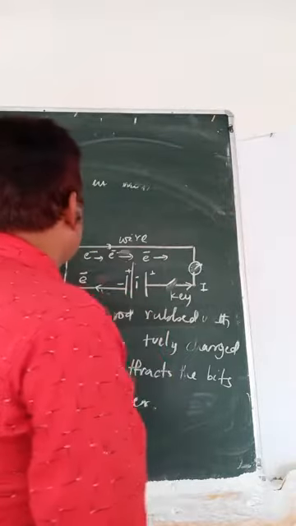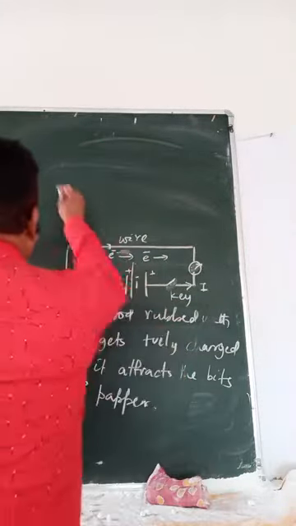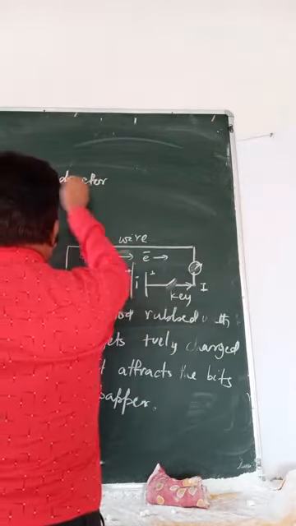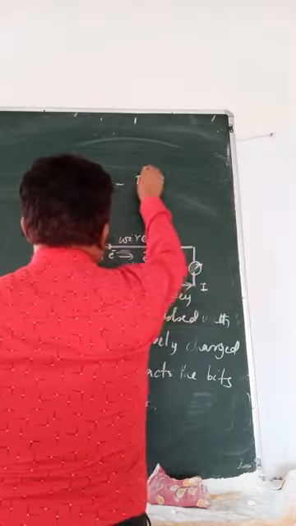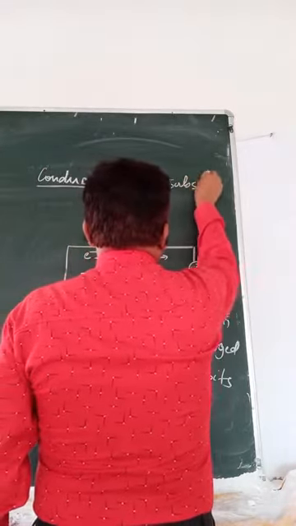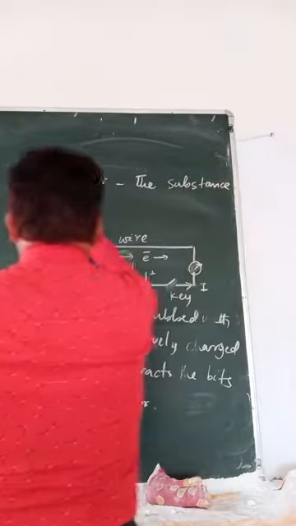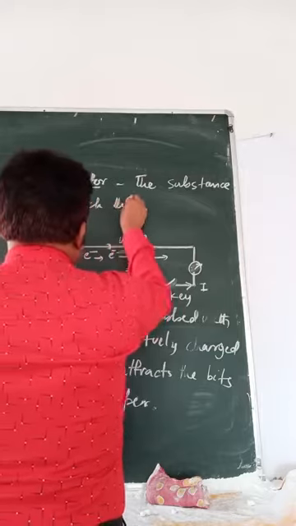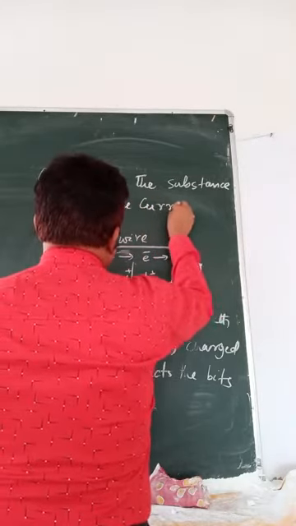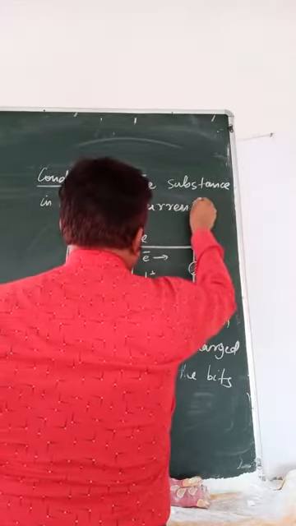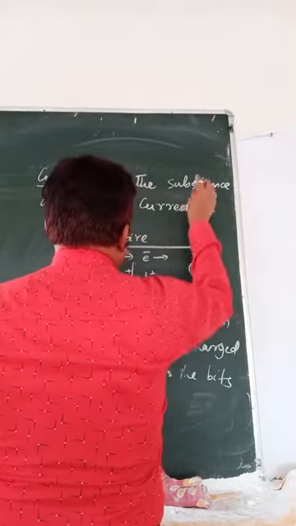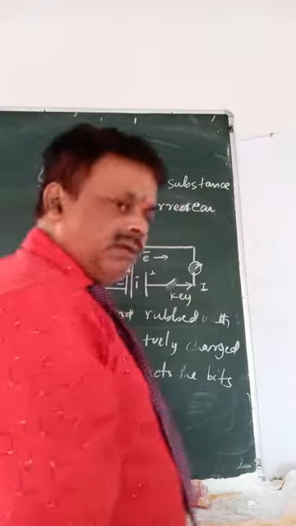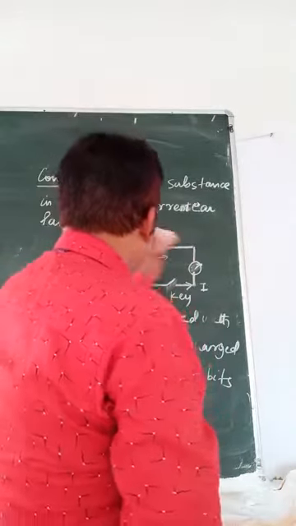First you can write what is called a conductor: the substance in which the current can pass. Examples you can give: human body, aluminum, metals.